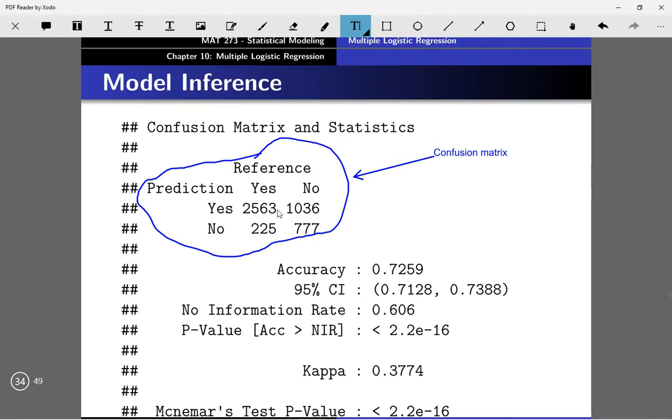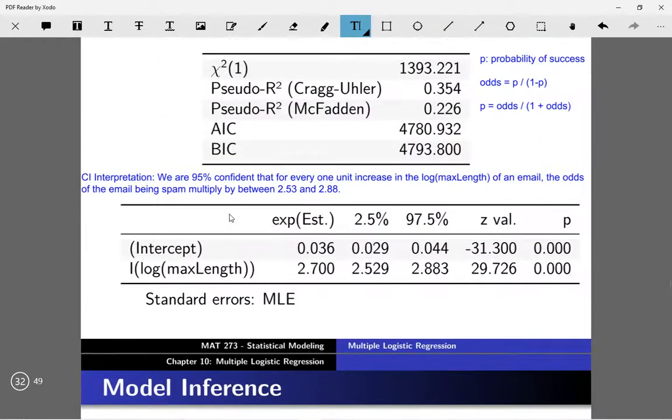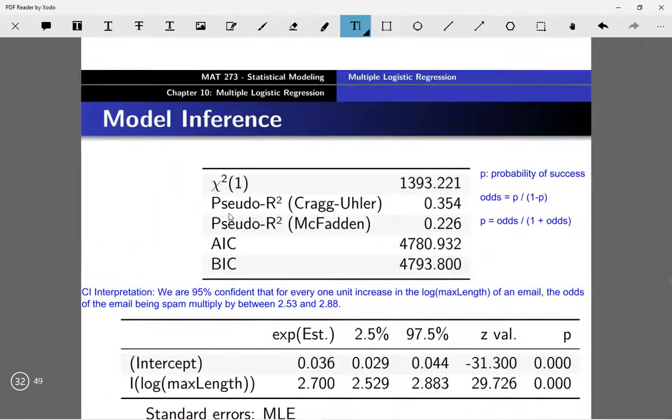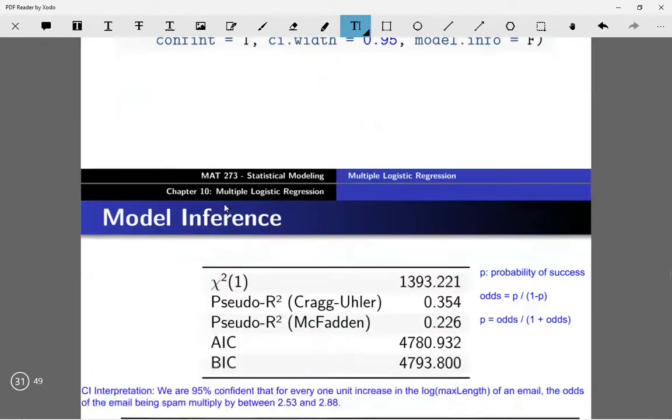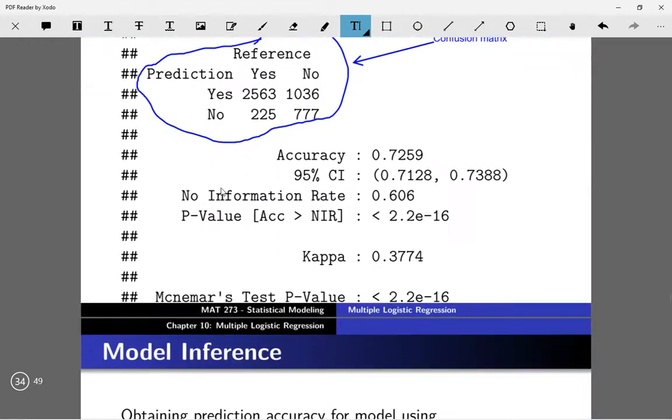So this confusion matrix is telling us that here's what our model predicted, and then here's what was actually occurring in the data set in the columns. So for 2,563 of the emails, they were truly spam. Or actually, I think this yes no is whether it was not spam, which is a little bit weird. I don't think we had that many spams in the data set, so it looks like it got flipped, but that's okay.